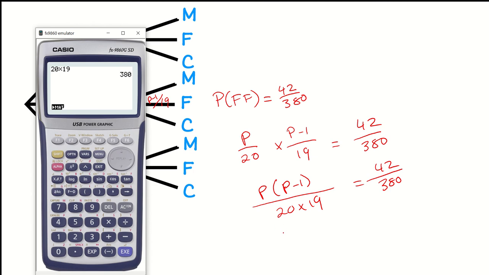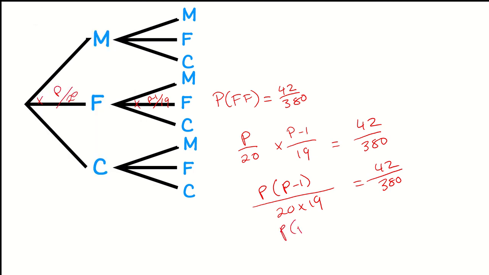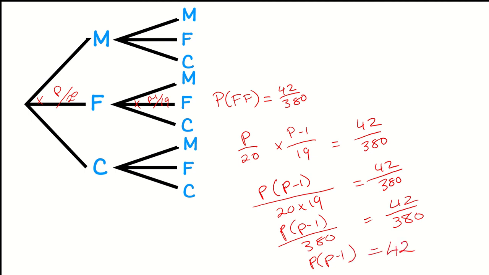So we've got P times P minus 1 over 380 is equal to 42 over 380. So I can cross multiply and the 380s are both going to disappear. So I'll be left with P times P minus 1 is equal to 42.